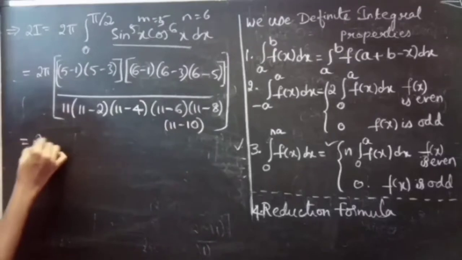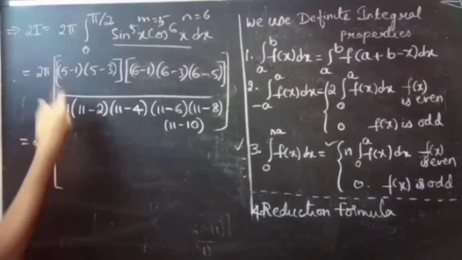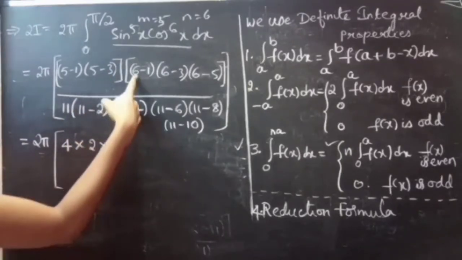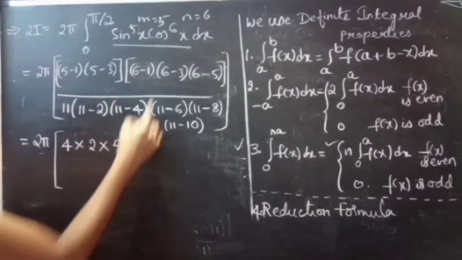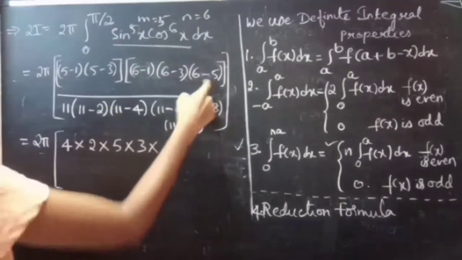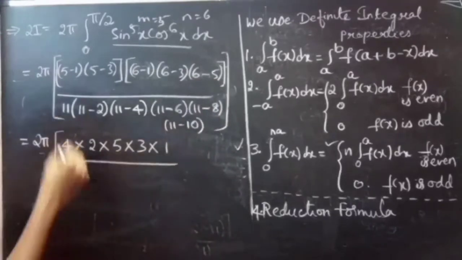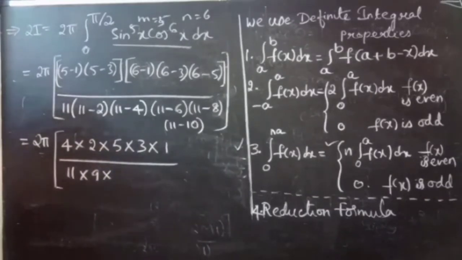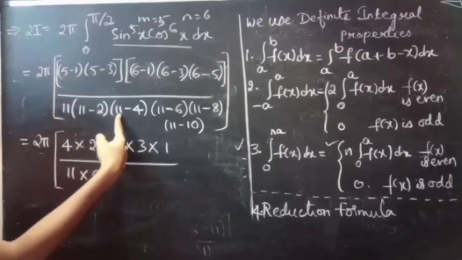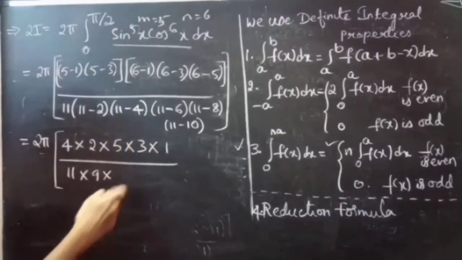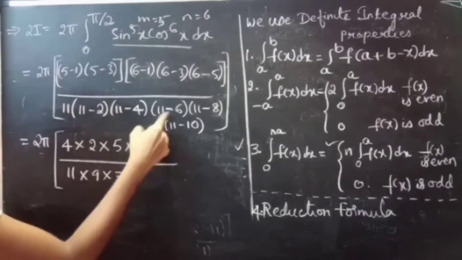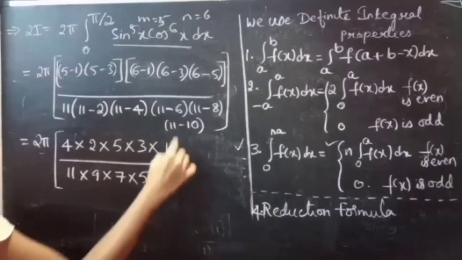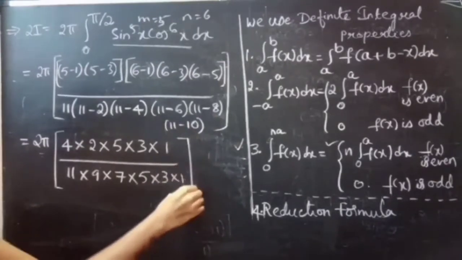So this equals 2 pi into 5 minus 1 is 4 into 5 minus 3 is 2 into 6 minus 1 is 5 into 6 minus 3 is 3 into 6 minus 5 is 1, divided by 11 into 11 minus 2 is 9 into 11 minus 4 is 7 into 11 minus 6 is 5 into 11 minus 8 is 3 into 11 minus 10 is 1. Okay.